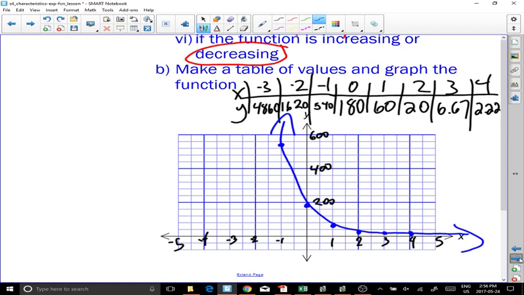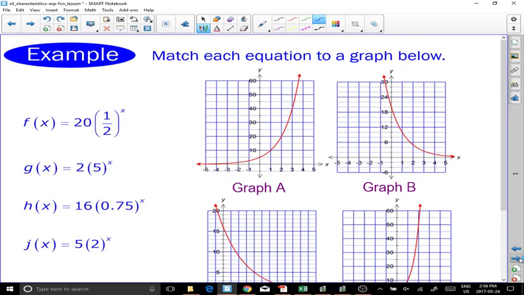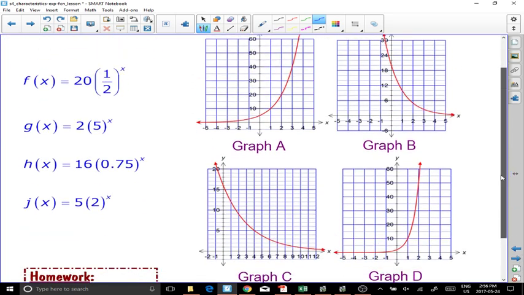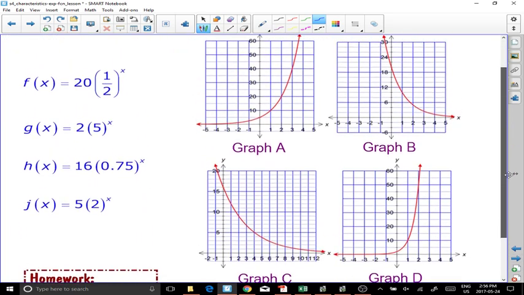Now, the last thing that we're going to do here today is we're going to take a look at 4 different graphs, and we're going to try and match the graphs to 4 different equations. Now, I think this should be pretty straightforward, so let's see what we can figure out.